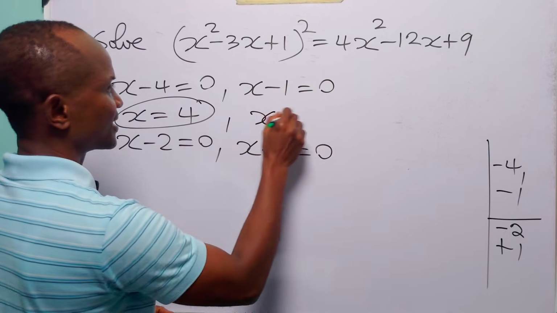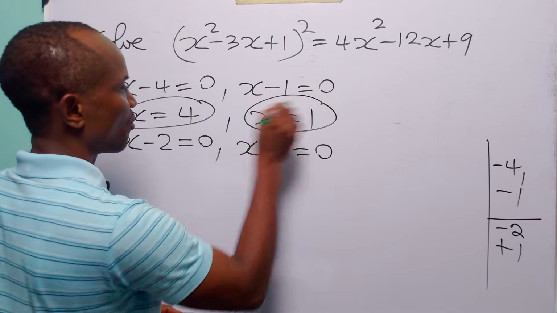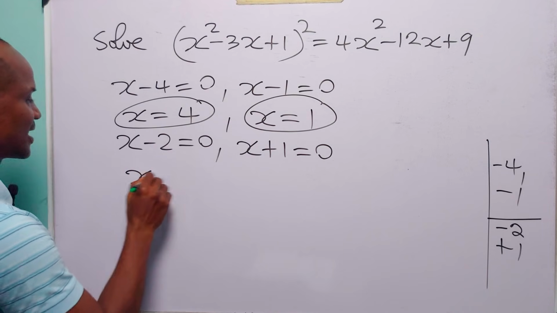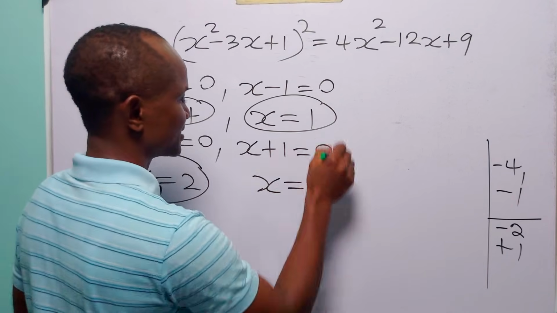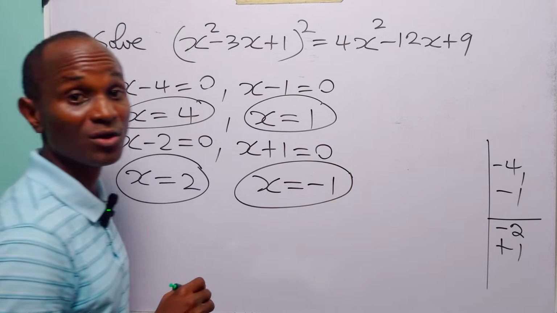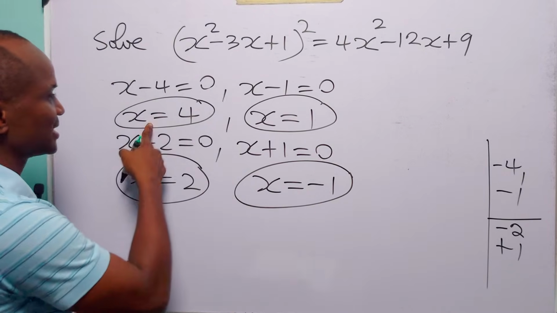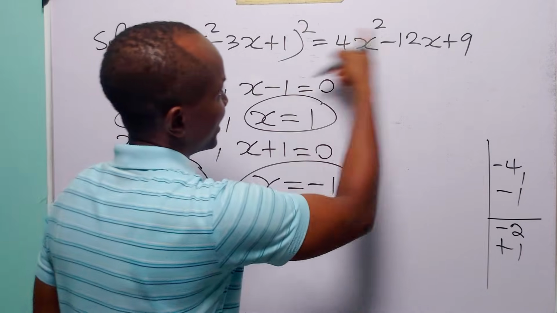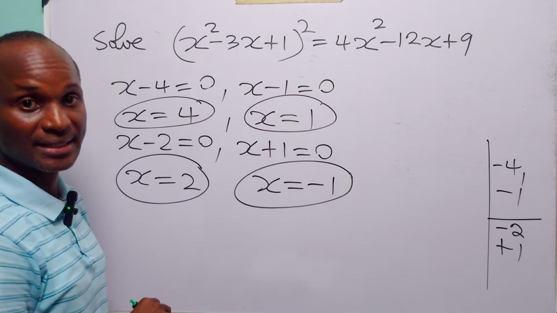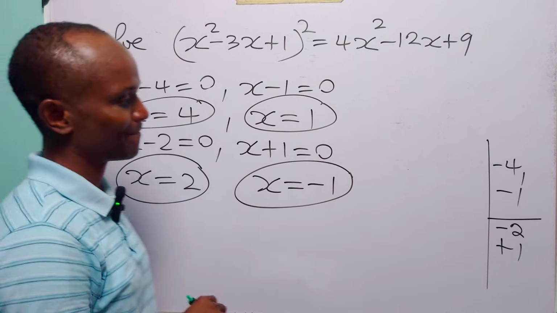From here we have that x is equal to 1. From here we have that x is equal to 2. And from here we have that x is equal to minus 1. So these are the 4 values of x that satisfy this algebraic equation.